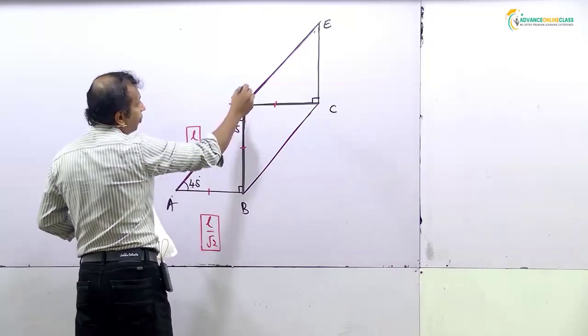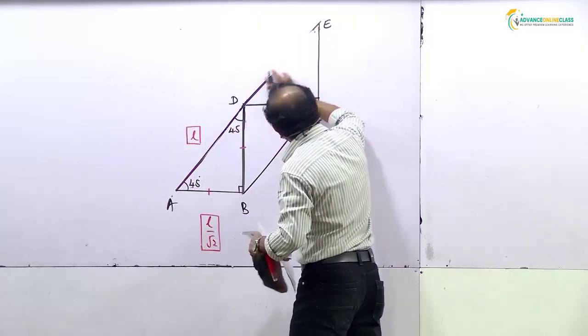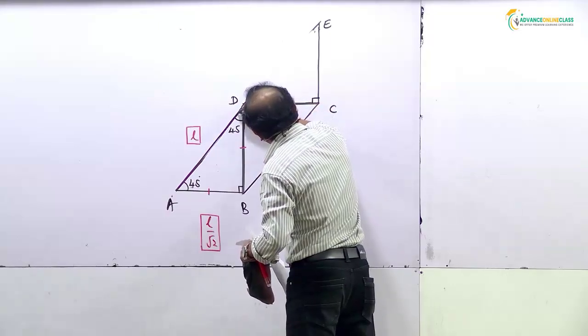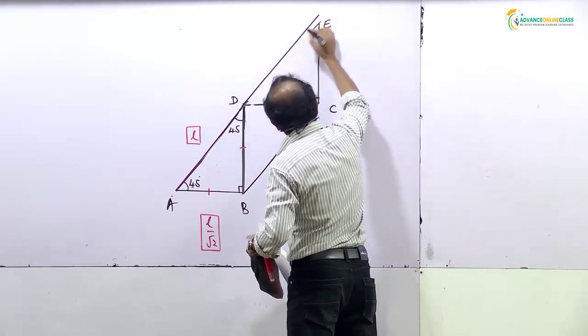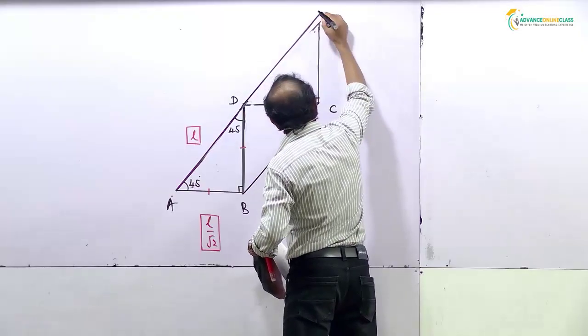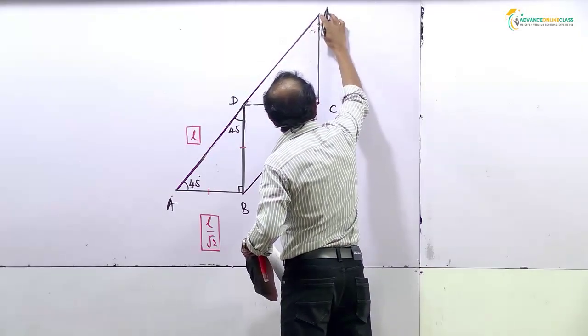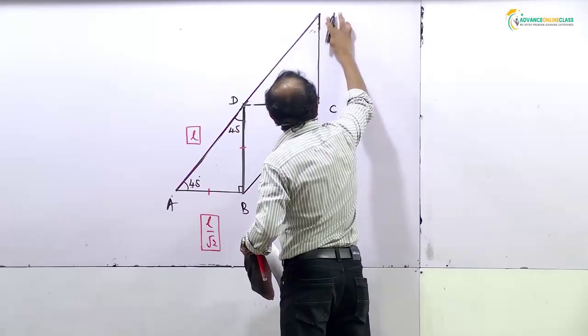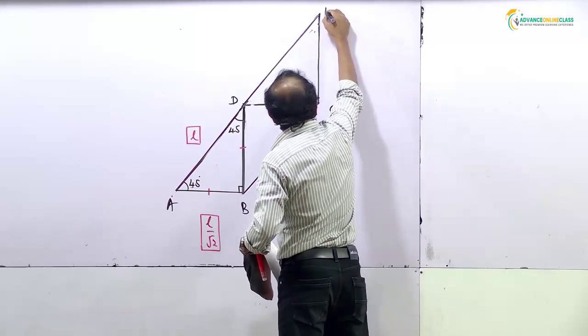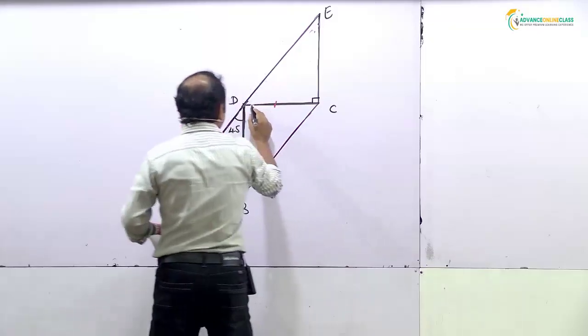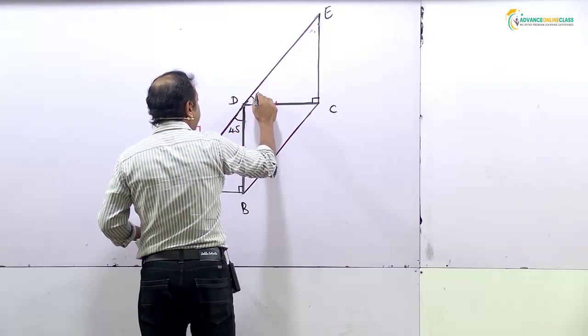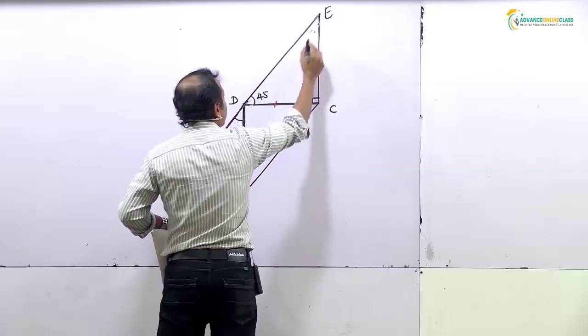The same AD produced here we have. Then this also 45. Therefore, this 45.